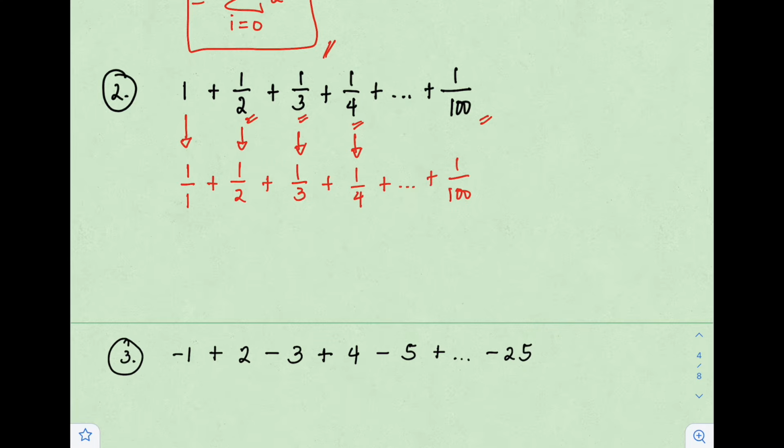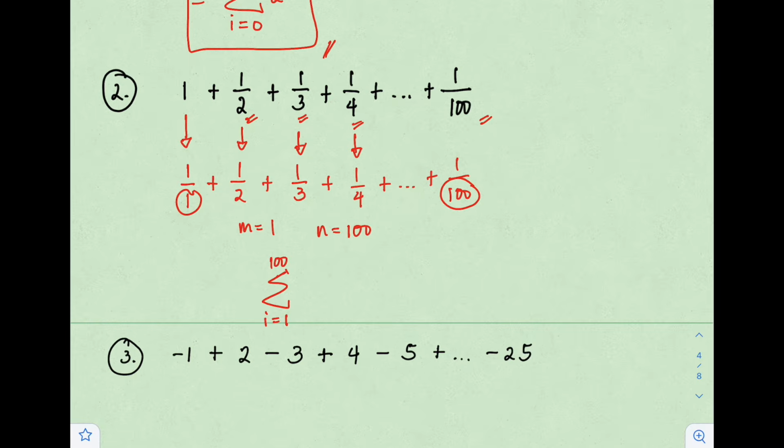Okay? So, as you notice, guys, in our denominator, our lower bound is 1. Right? Then our upper bound is 100. So, our sigma notation, when we build it, at the bottom, the lower bound is I equals 1 up to 100. Okay? So now, how do we get our f of I, our term?